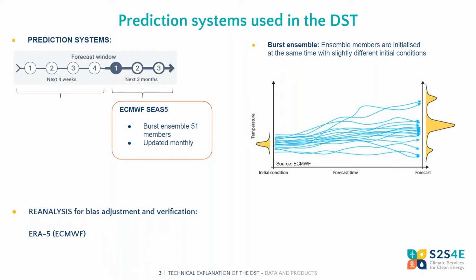The system is initialized from slightly different conditions, and then we let every member evolve, and we get an ensemble of solutions for the same forecast, as shown here in this graph. This type of ensemble is called burst because all the forecasts are initialized at the same time. This system has 51 members and is updated monthly in the DST.